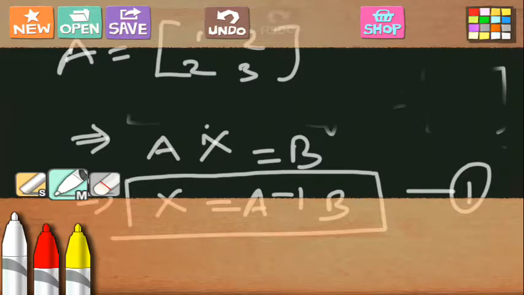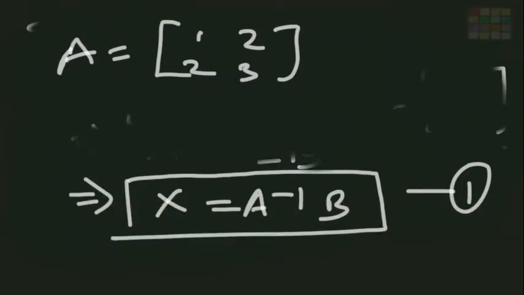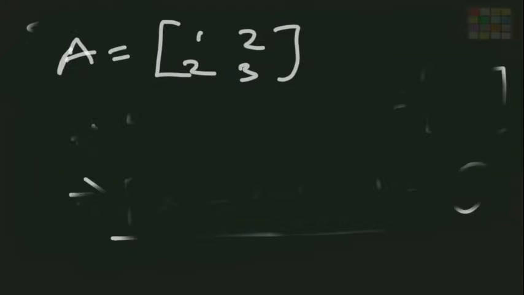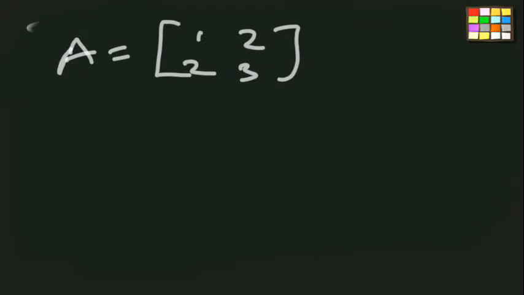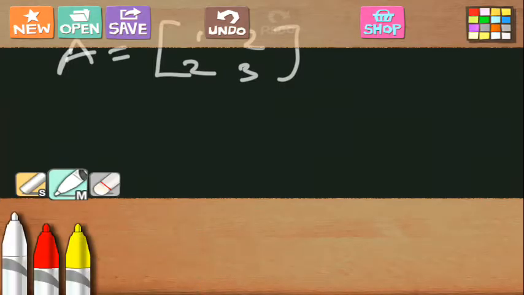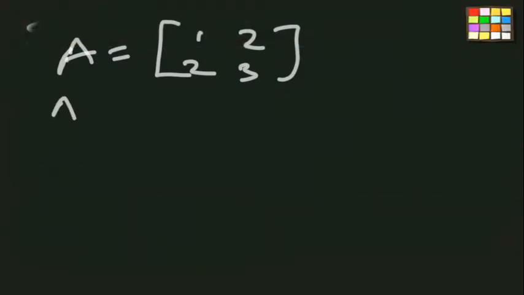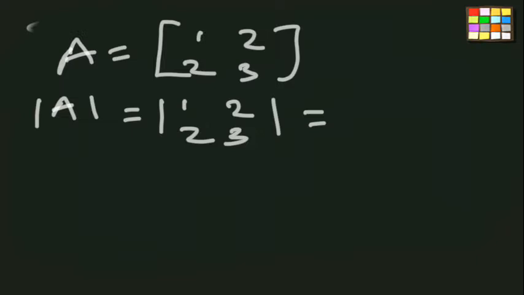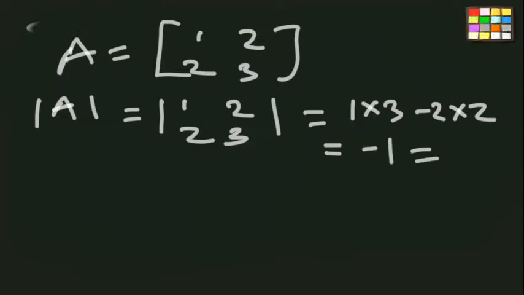My target is to find A inverse, so first I will see the determinant value of A. Determinant of A is the determinant of 1, 2 and 2, 3, that is 1 cross 3 minus 2 cross 2, which is equal to minus 1, which is not equal to 0.